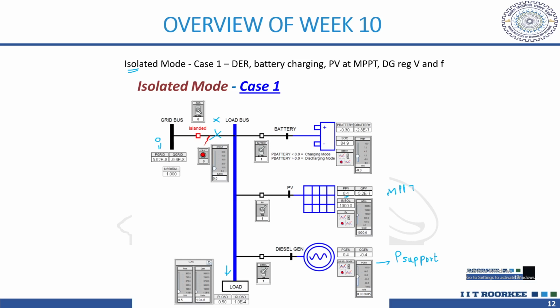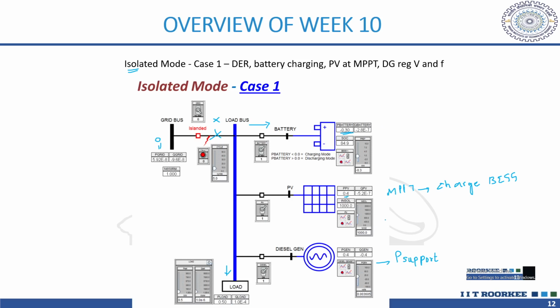So during peak renewable, we will charge the battery, right? Basically, we will charge the battery to store this excess energy that has been available. So again, how much? This is negative, means this battery is being charged at 0.3 and this load is 0.5.